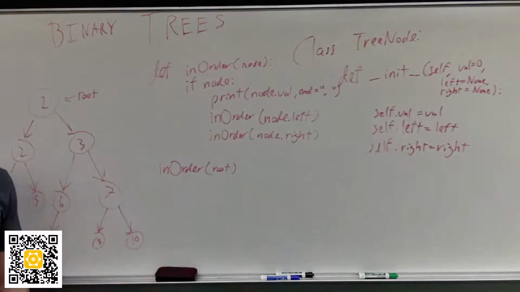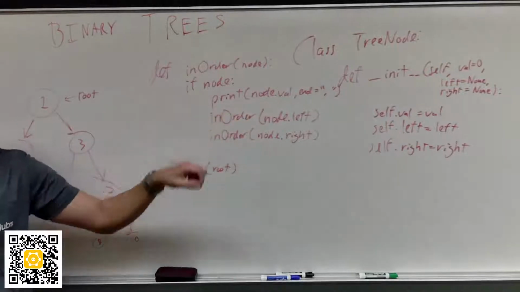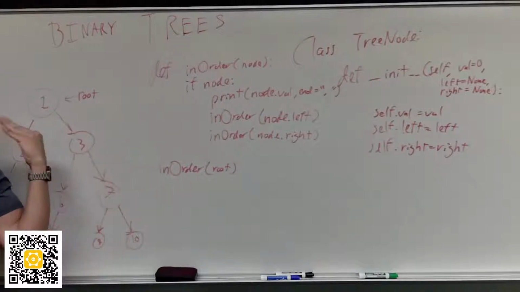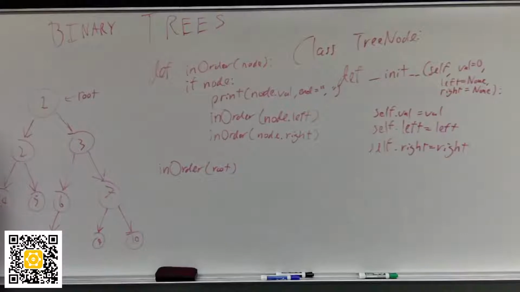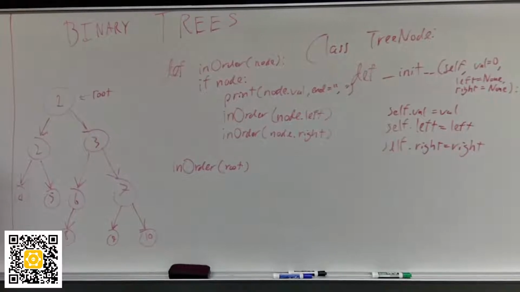I'm just saying that at the end of each print, instead of doing a new line, you just put a comma after the number. So how is it going to print out the values in this tree if I call this? How does it traverse the tree though? Oh, okay, I see. Yeah, because you're going to go to the left and then come out, go to the right. You're going to print out the whole left branch first, and then the right one.